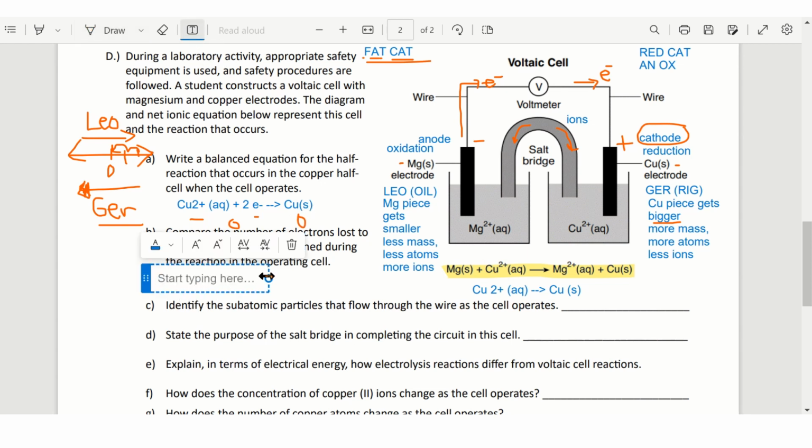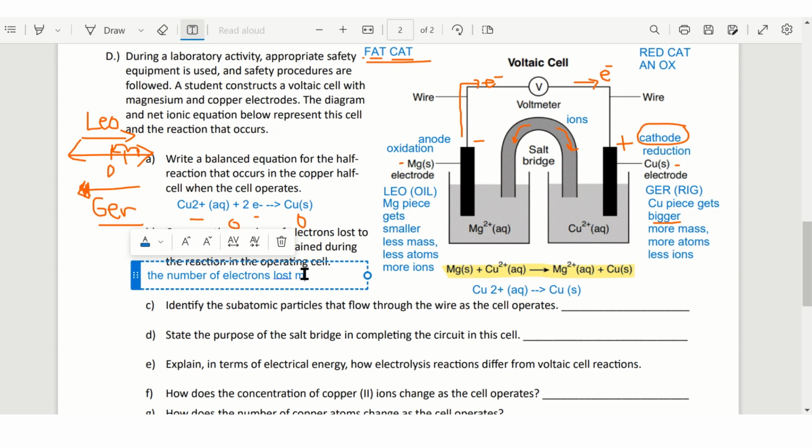Compare the number of electrons lost to the number of electrons gained during the reaction of the operating cell. So the number of electrons lost must be equal to the number of electrons gained.